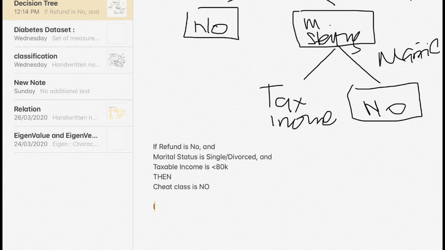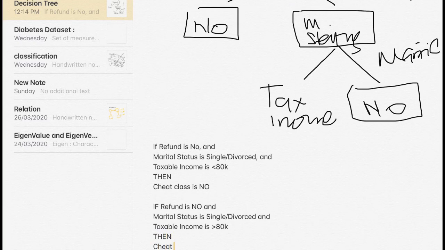If refund is no, and marital status is single or divorced, and taxable income is more than 80k, then cheat class is yes.